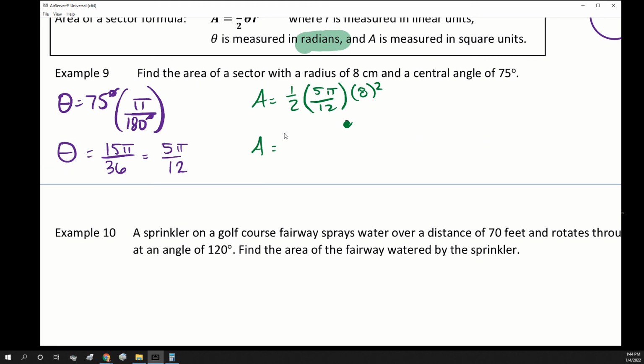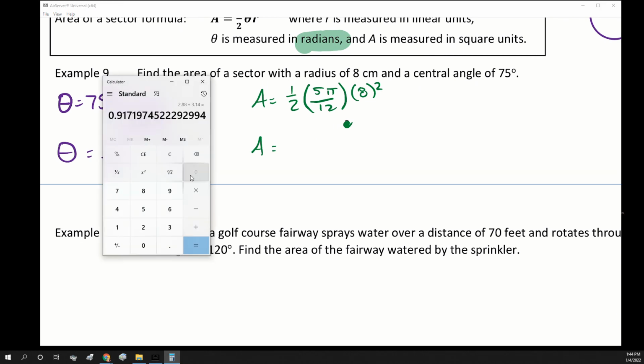Let's just multiply the numerator first. I'm not going to do the pi though. So it's going to be 5 times 8 squared, which is 64. So that's 320 pi.